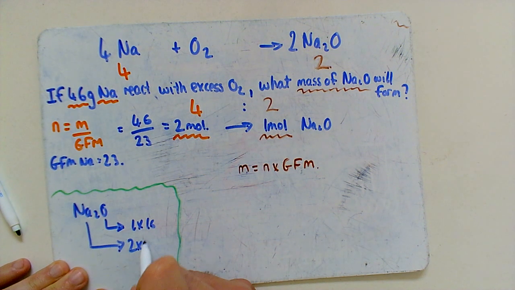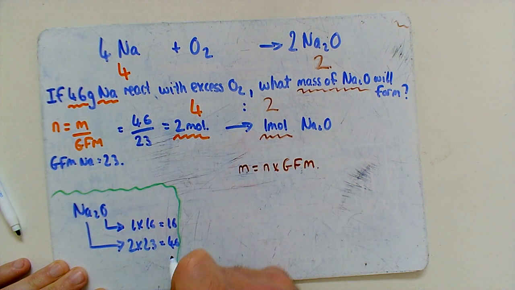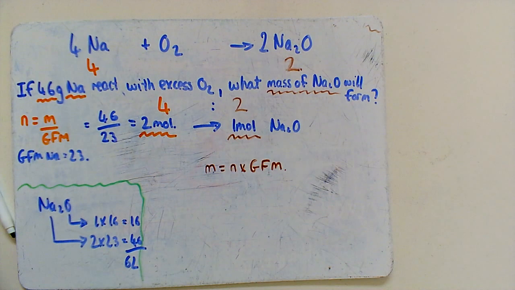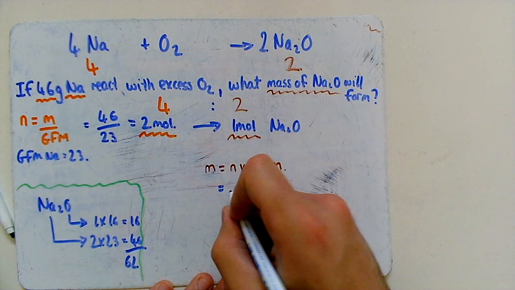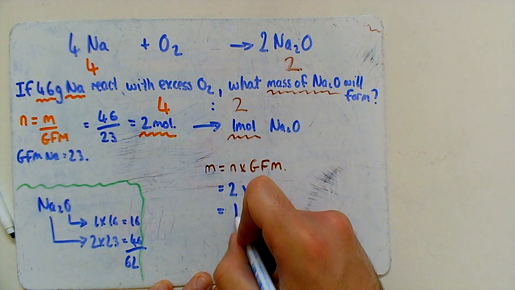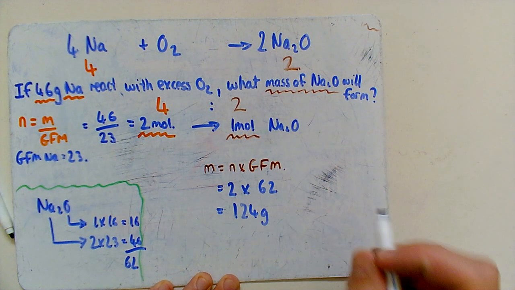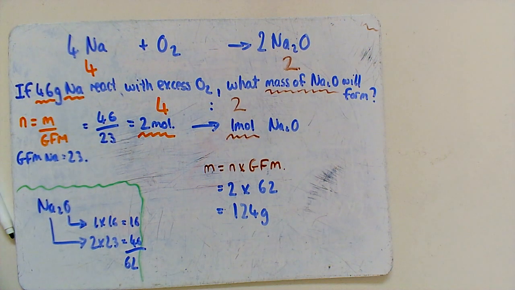Sodium, 2 times 23. So that's 16, 46. When we add them together, we get 62. So whenever we're doing this, we're going to use 2 multiplied by 62, which gets us 124 grams as our final mass.